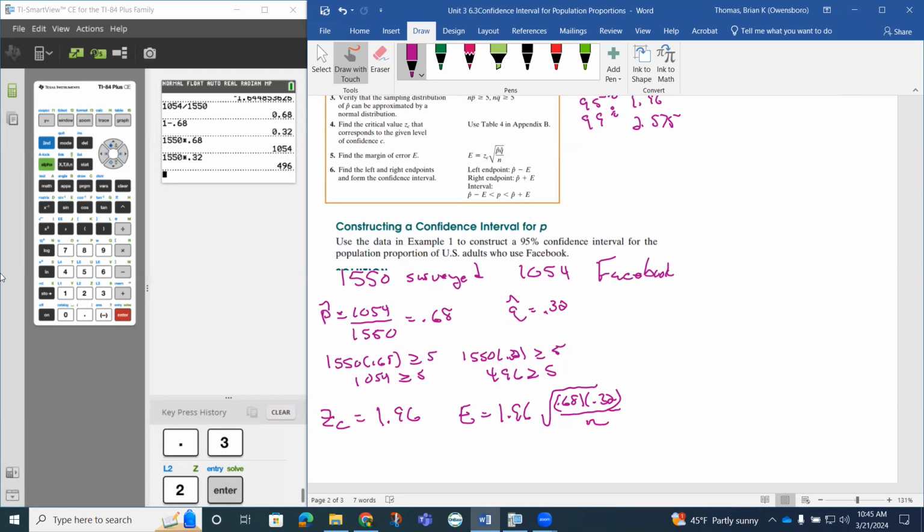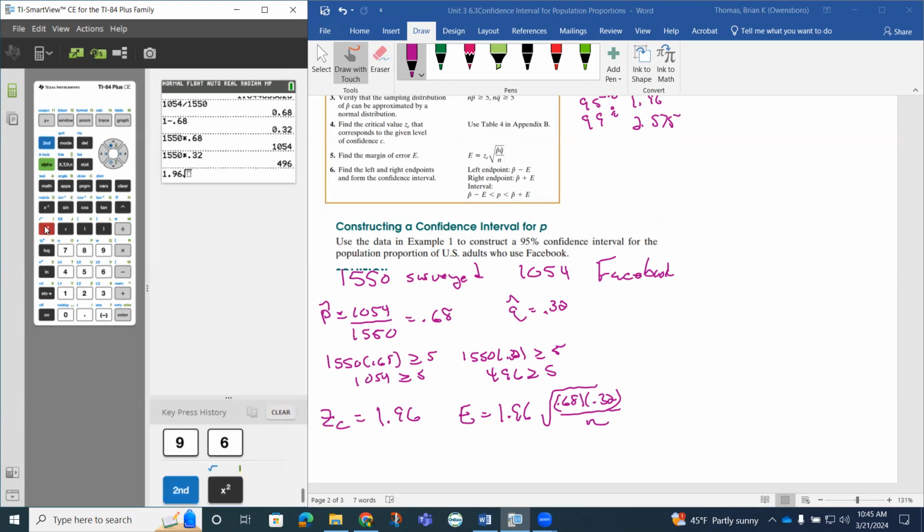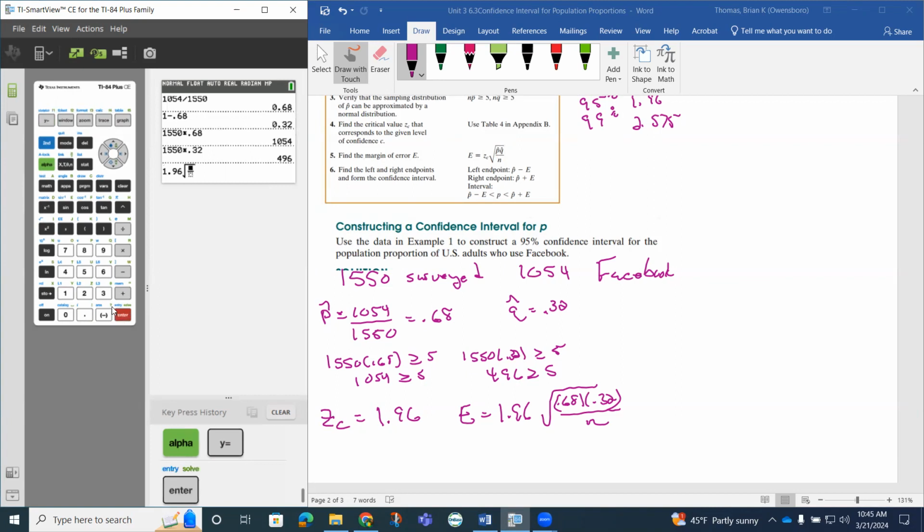So if we do that, 1.96 times the square root of, I'm going to use the fraction button. If I do the alpha button and hit F1, the y equals button up here, I can create the fraction, and I can put the 0.68 times the 0.32 in the numerator.